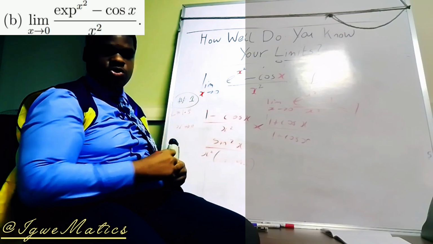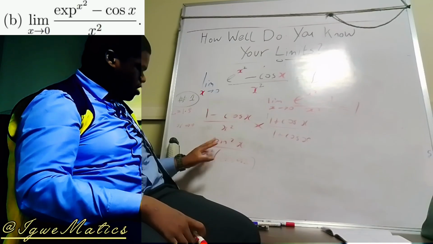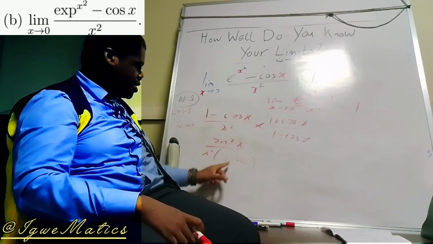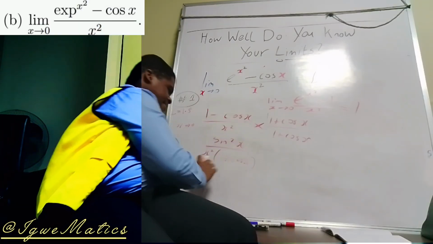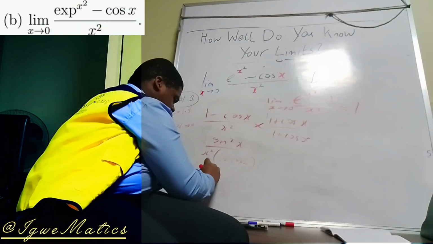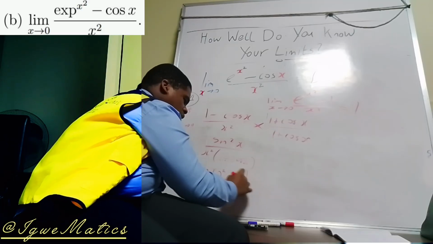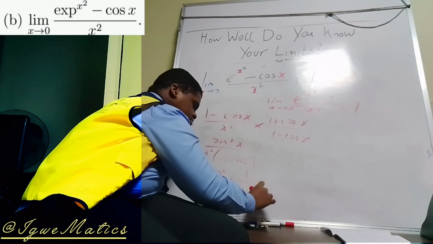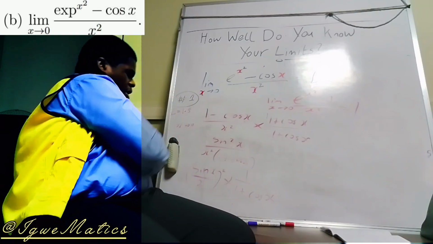Okay, so now we have sine squared x divided by x squared times 1 plus cos x. This sine squared x divided by x squared is the same thing as sin x divided by x, all squared, times 1 over 1 plus cos x. Now what do you know about sin x over x?